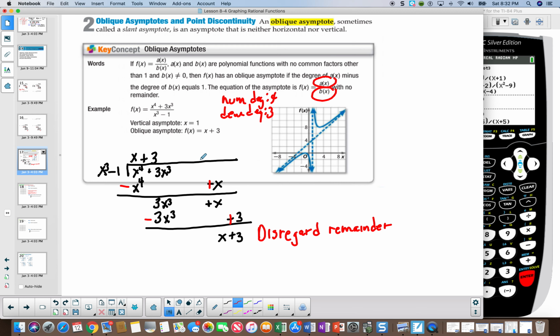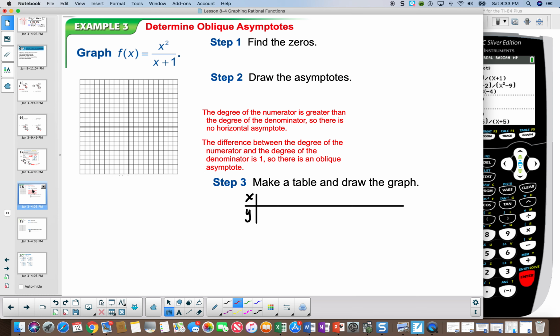When that happens, we can use division, and when we divide, we disregard the remainder. That answer is what we call an oblique or slant asymptote, and that's what the curve wants to follow. Okay, let's go ahead and do an example where we do the graph.